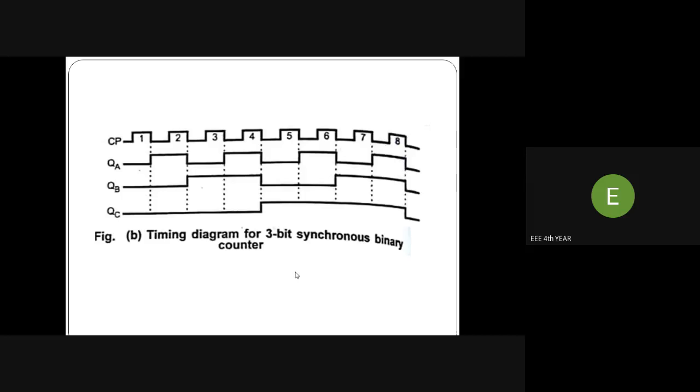When the negative edge triggering occurs a second time, the QB flip-flop starts toggling. At the next negative edge of QA, the QB flip-flop triggers, and after receiving the negative triggering of QB, the QC flip-flop starts triggering. Likewise, the timing diagram is drawn.